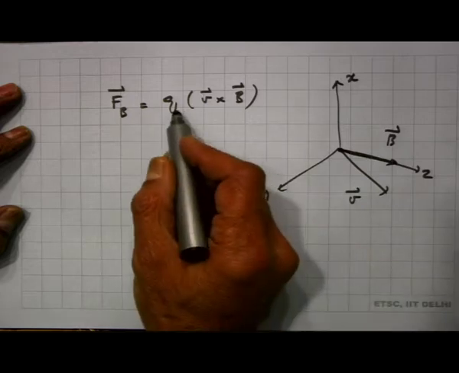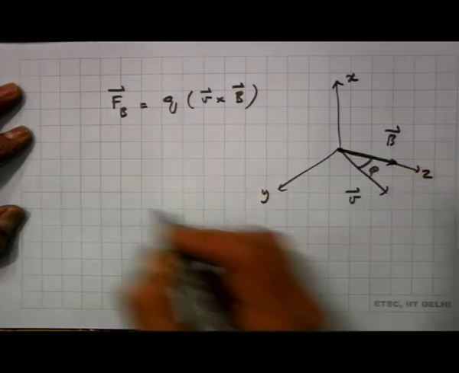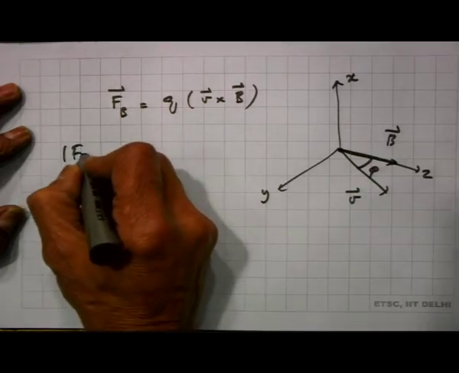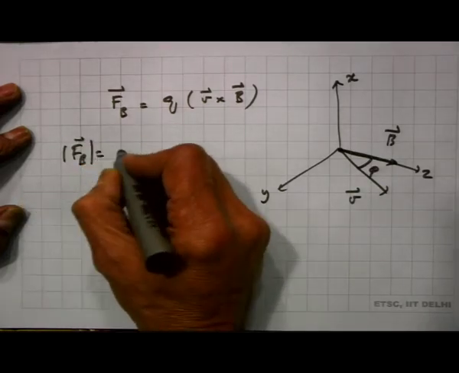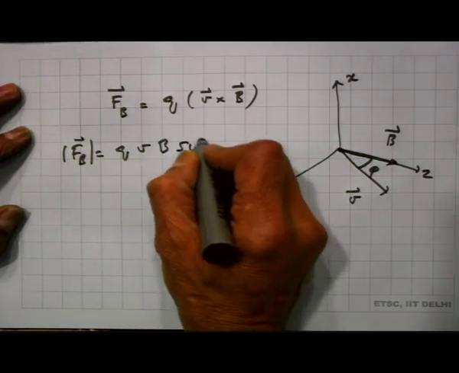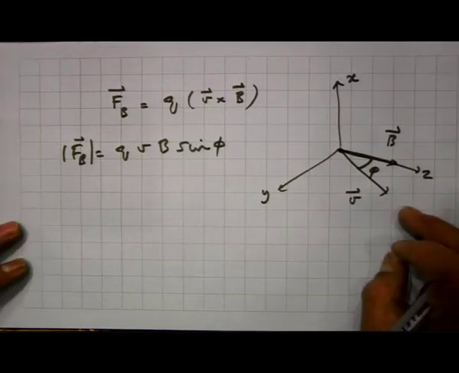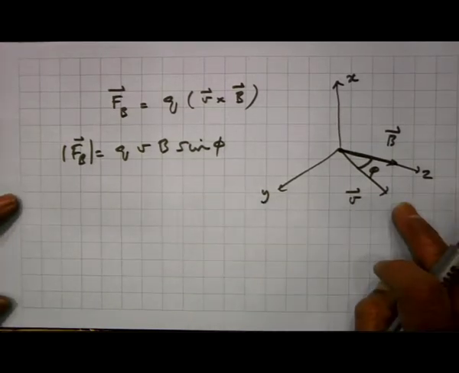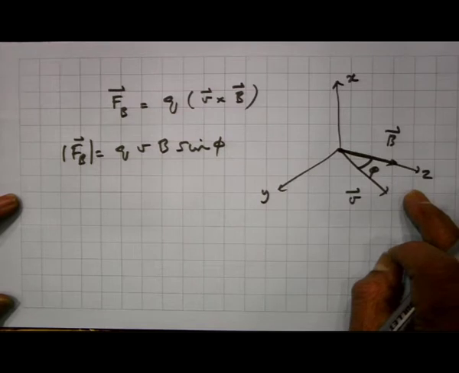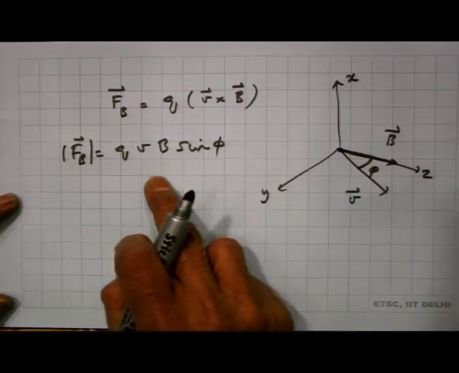Then the force is q v cross B, and if the angle between them is phi, the magnitude of the cross product is q v B sin phi. It depends on this angle, and if phi is 0, then the force is 0, as we discussed before; that is the direction of the magnetic field. If phi is 90 degrees, you get the maximum force q v B.